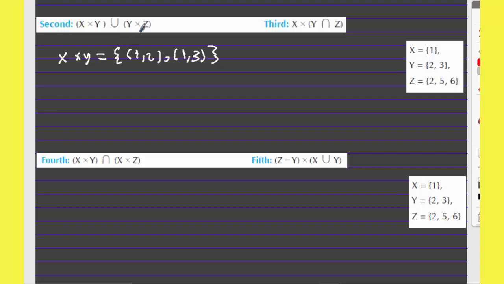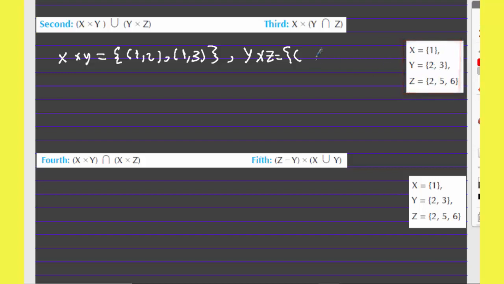Then we find y multiply z, which equals, here we have y, it is 2 and 3, z is 2, 5 and 6.